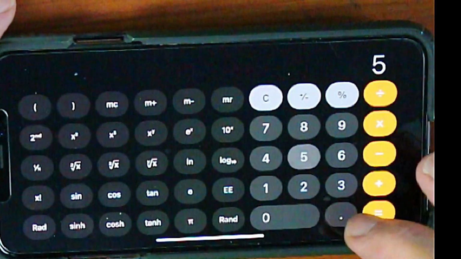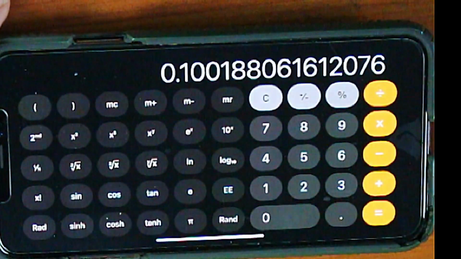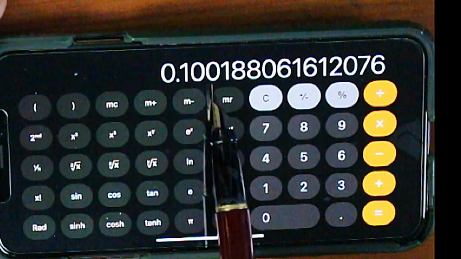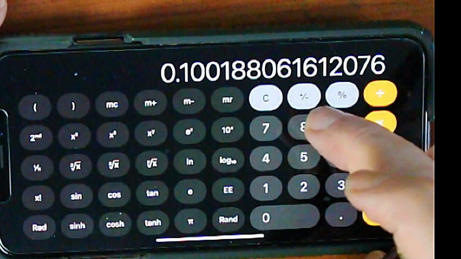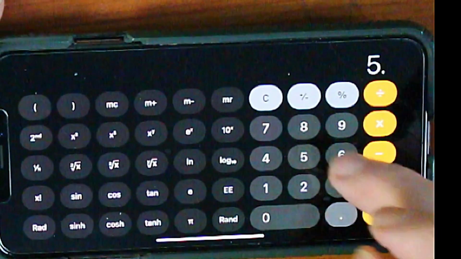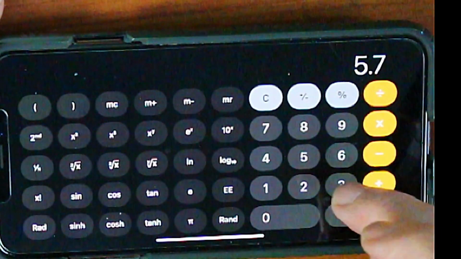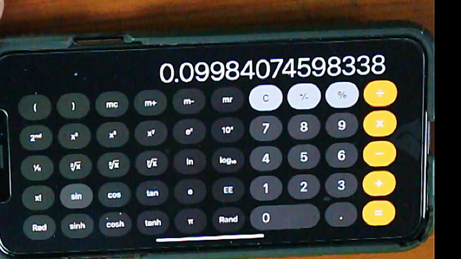Now let's look at 5.75 degrees, and we're going to take the sine of that. Notice anything here? We have 0.10019. Okay? Where did we cut off? 5.74. So let's go to 5.73. What's the sine of that?